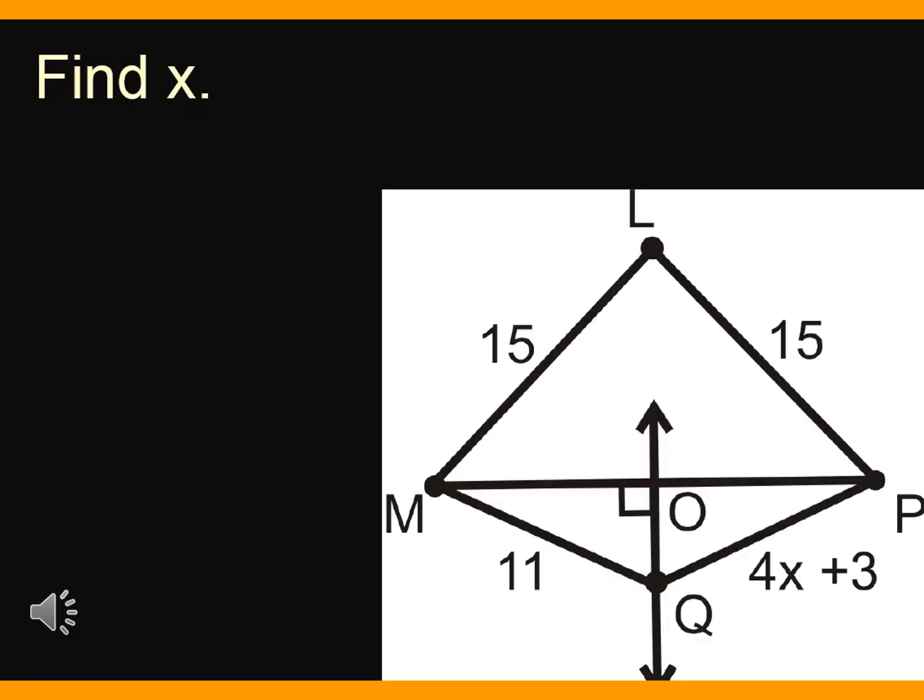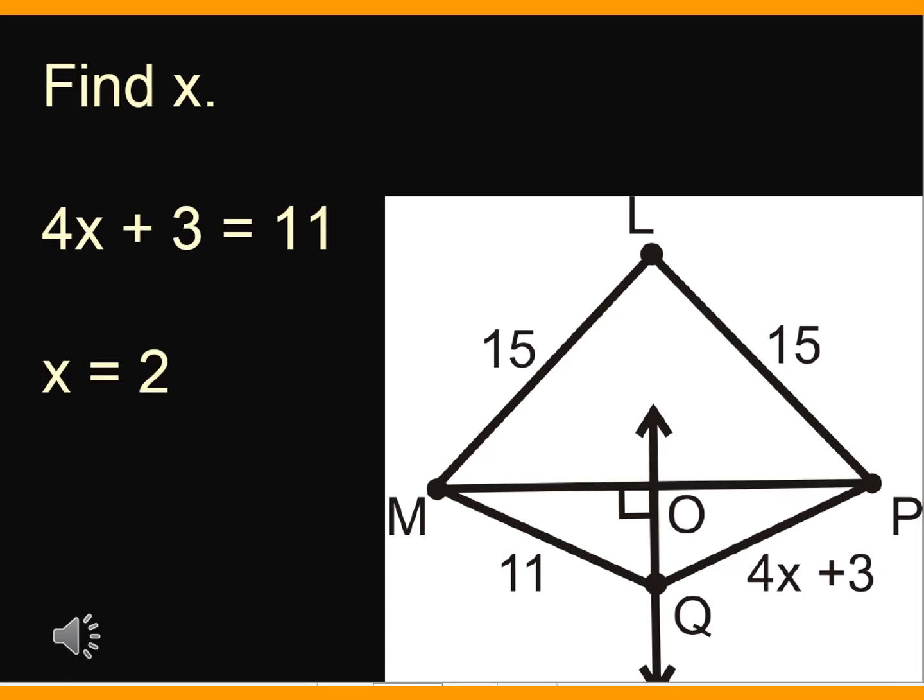So of course, when you get into your problems, you're going to see things that look kind of like this. We have a perpendicular bisector here, and you can already see that point L is equidistant from M and P. The question here is to find x, and the whole point there is that point Q at the bottom is going to also have to be equidistant from M and P. And like a whole lot of things that you've done in geometry, what that boils down to is you've got to set stuff that looks equal to each other.